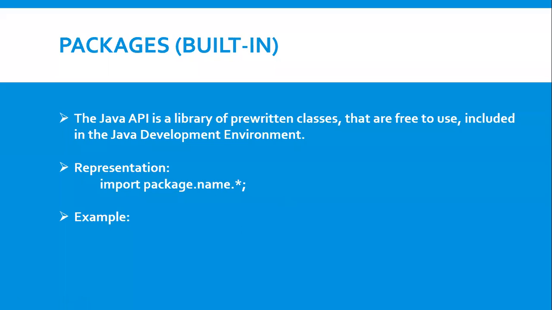If you want to use all of them in your program, simply write package dot subpackage dot star, and it deploys all the classes and interfaces in your program. For example, with the statement import java.util.*, Java is the root package, util is the sub package, and dot star means all the classes in that util sub package can be used in your program.